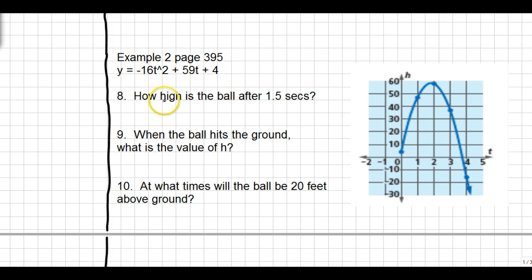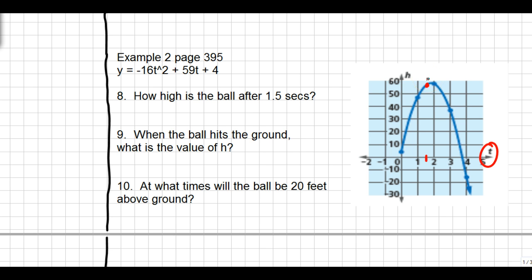So if we want to find out how high the ball is after 1.5 seconds, notice that the t is the time, which is the x-axis, and height is the y or the vertical axis. So if we're looking for a height, we'd want to go to 1.5 on the time axis. Then read approximately where we are on the graph.